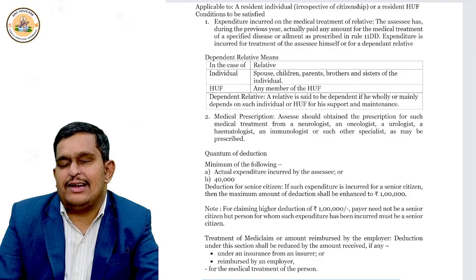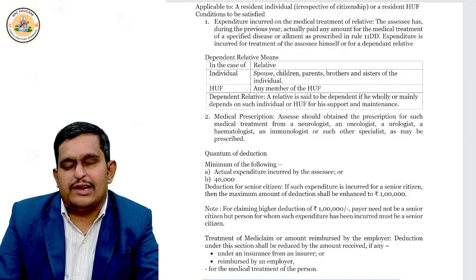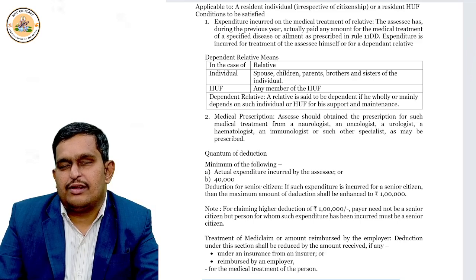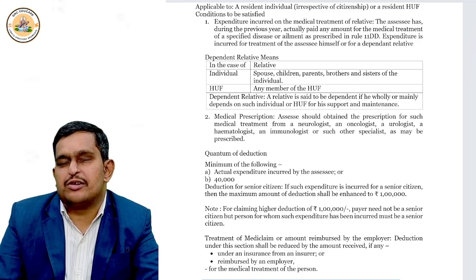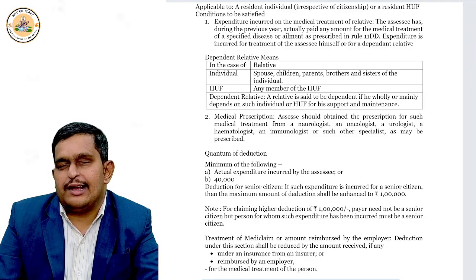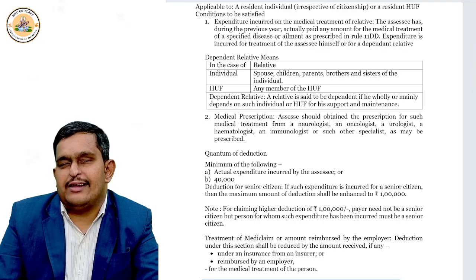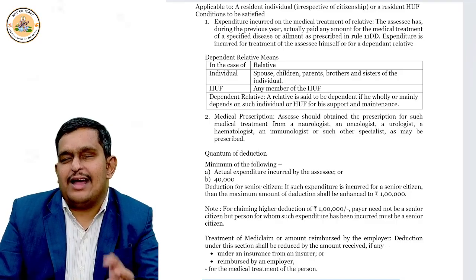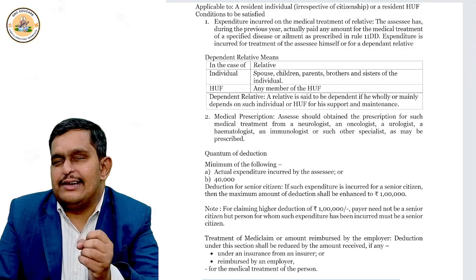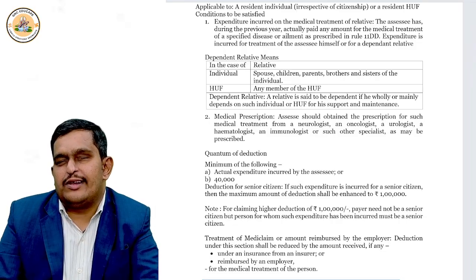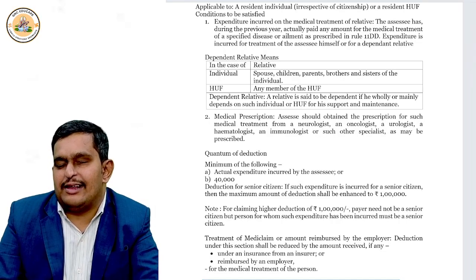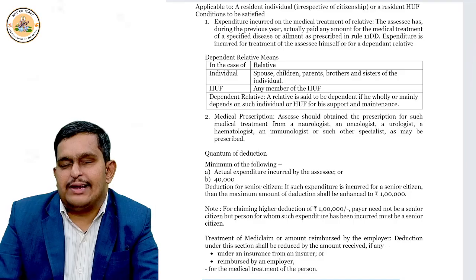Now we got 1 lakh deduction, but we claimed health insurance and got 70,000 rupees. So from the deduction of 1 lakh minus 70,000, only 30,000 you can claim as deduction under section 80DDB. So it's not 3 lakhs minus 70,000. It's not actual expenditure minus what you received from the insurance company.